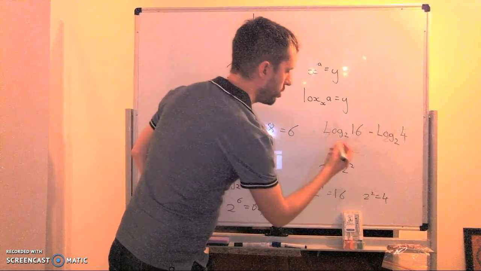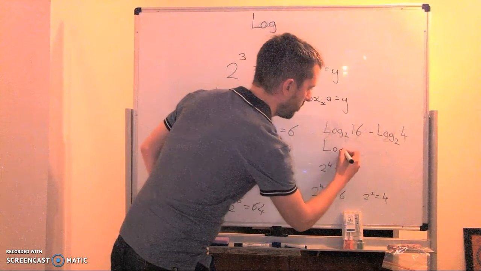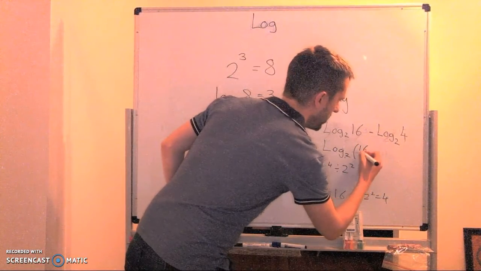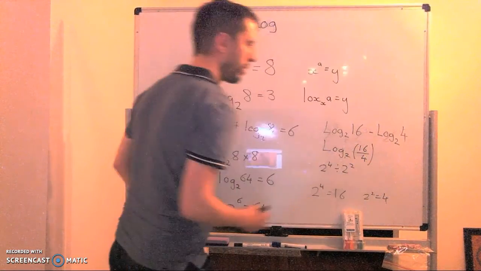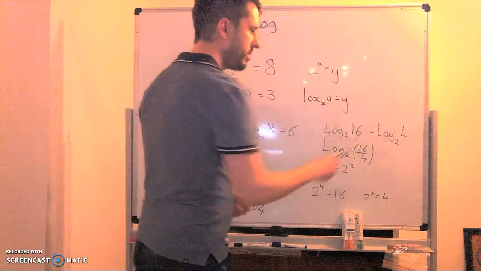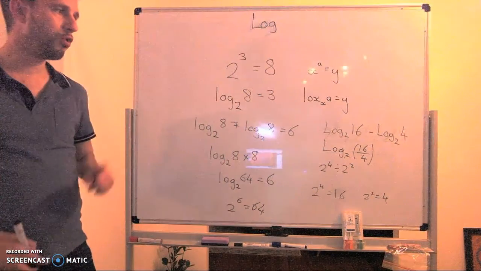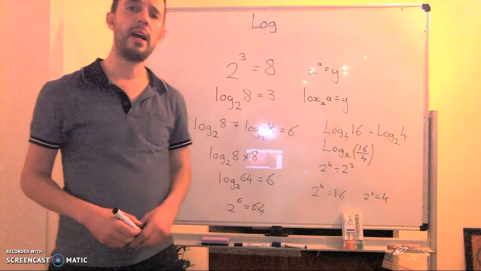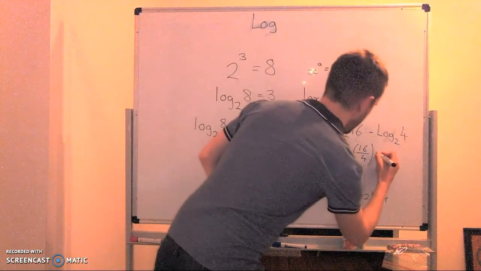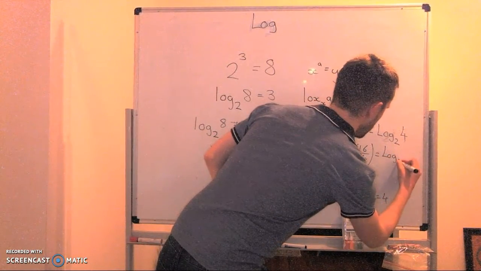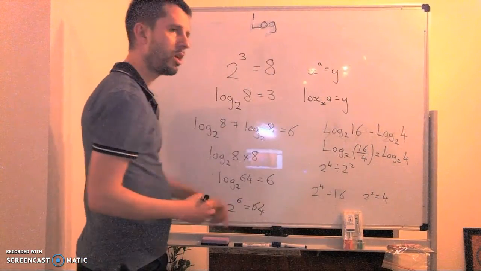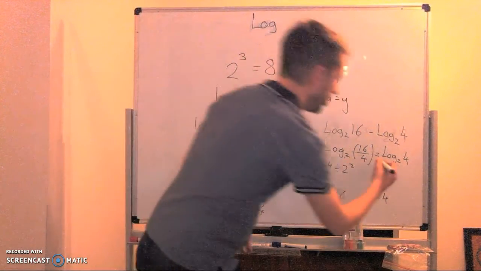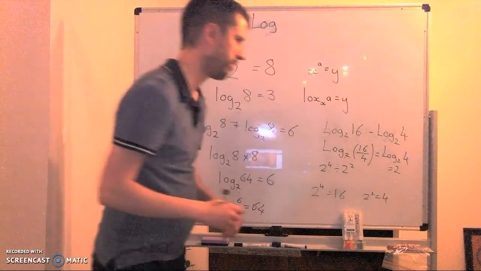That means I'm able to go log of base 2 is 16 divided by 4. I know 16 divided by 4 is 4. Which means I'm going to get the answer of log base 2 of 4. 2, what power does it need to get 4 is 2. So this is going to equal 2.